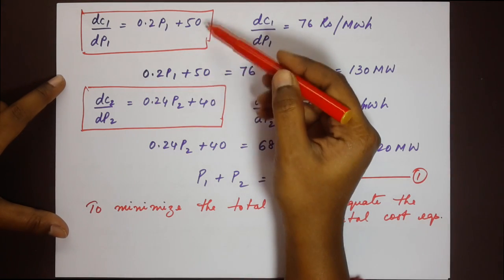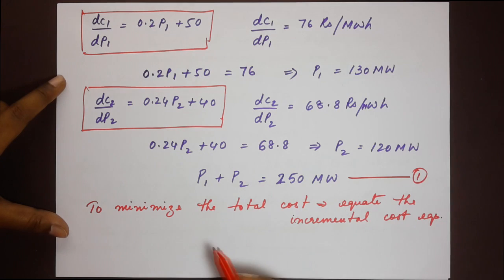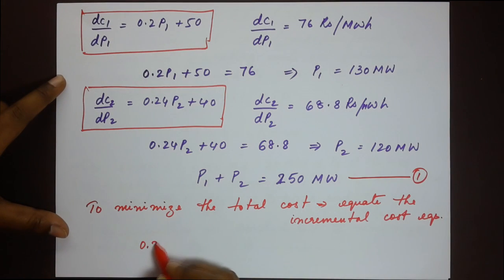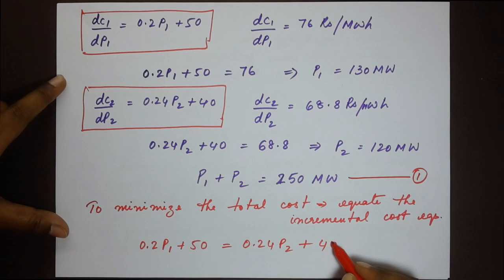Now we have to equate both these to find an equation in terms of P1 and P2. Let's do that. 0.2 P1 plus 50 equals 0.24 P2 plus 40. Bring the variables to one side.